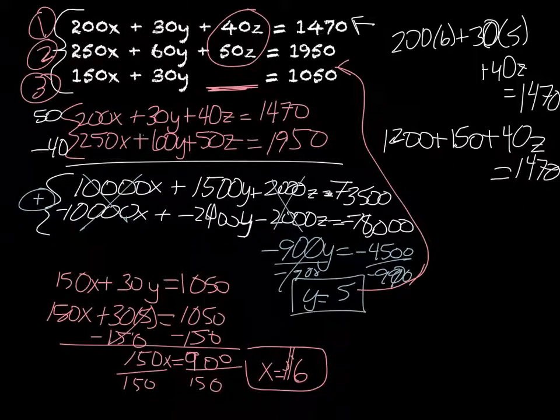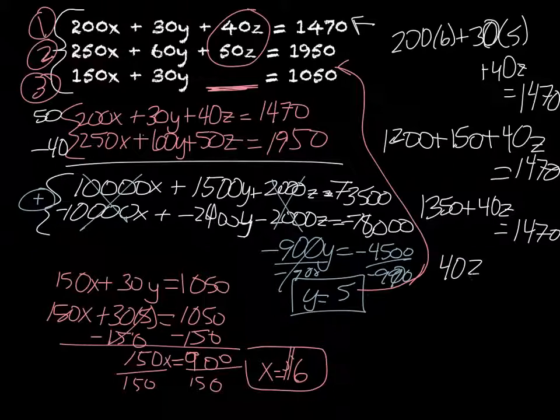So 1200 plus 150 is 1350, plus 40z equals 1470. So I'm going to subtract, and I get 40z equals 120. Divide by 40, and z equals 3.